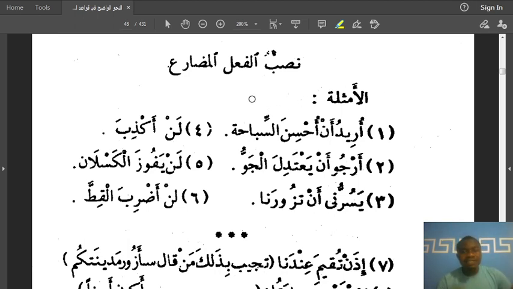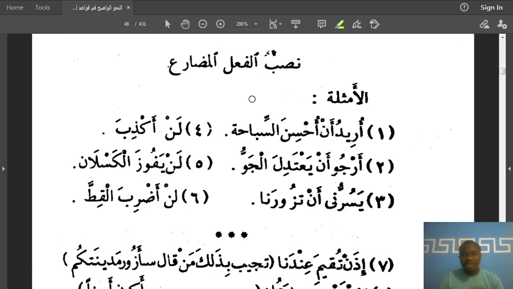we've already learned what a present tense verb is. And we've learned that the present tense verb starts with some particular letters. A present tense verb either begins with Hamza or Nun or Yai or Ta.